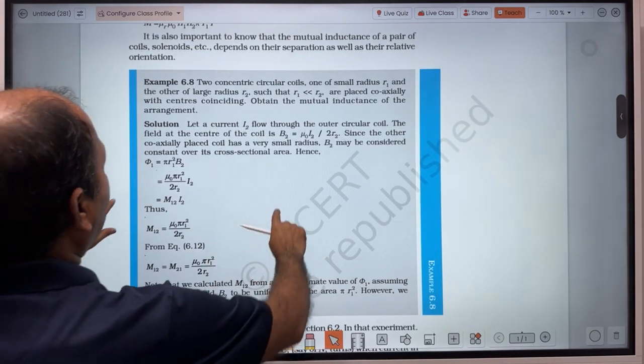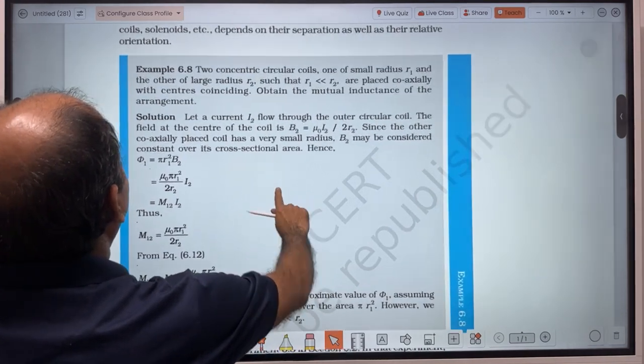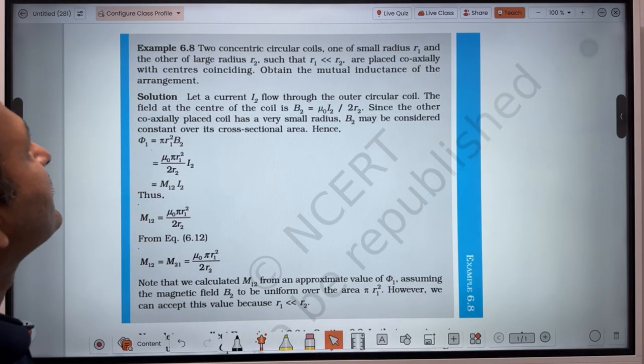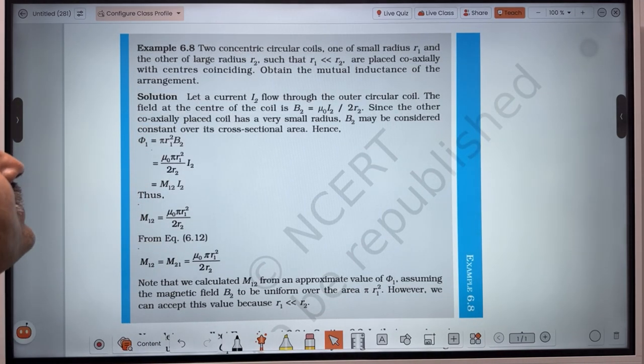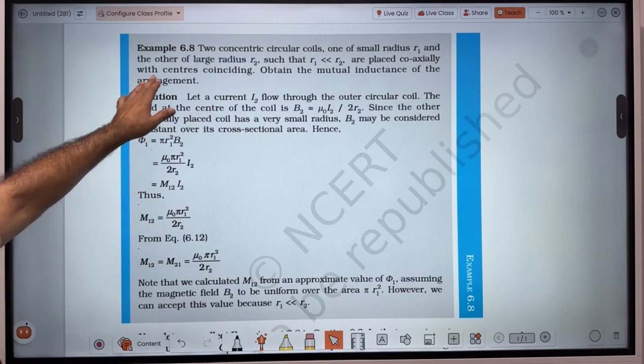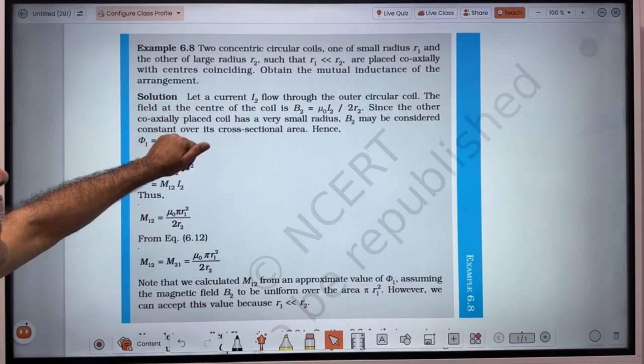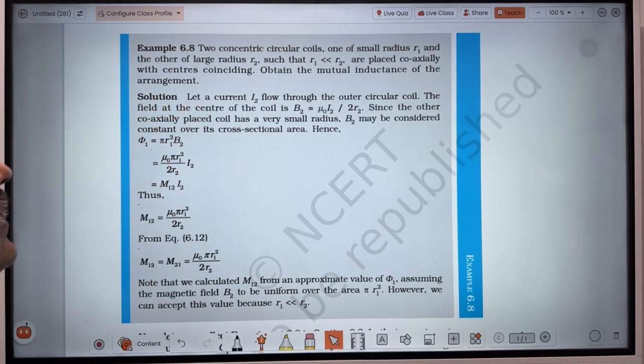Now let's see this question. Question says two concentric circular coils, one of small radius R1 and the other of larger radius R2, such that R1 is less than R2, are placed coaxially with the centers coinciding. Obtain the mutual inductance of the arrangement.